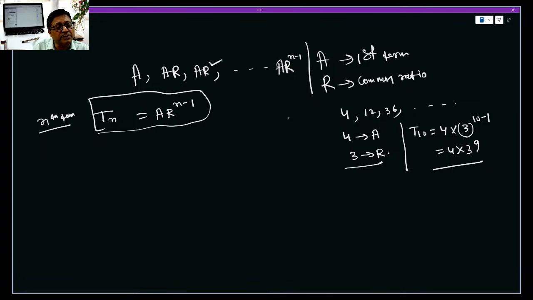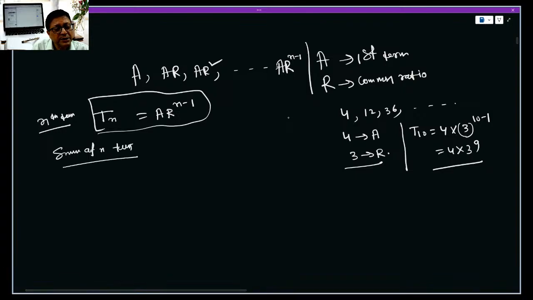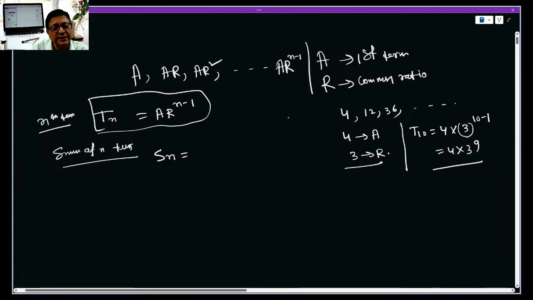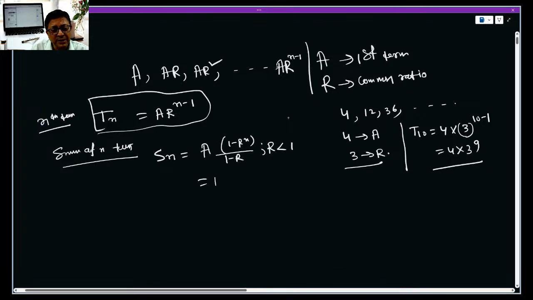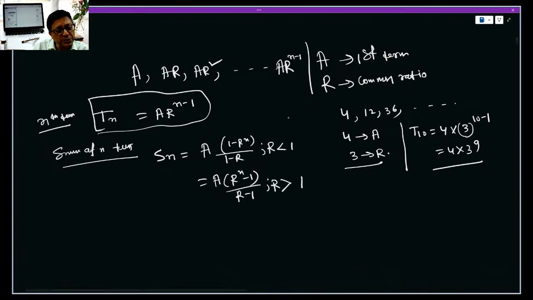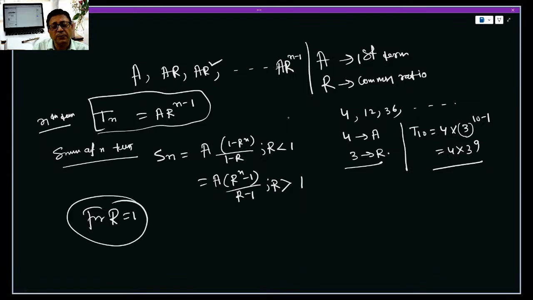The sum up to n terms. Sum of n terms is given by Sn. This is A into 1 minus R to the power n by 1 minus R when R is less than 1, and A into R to the power n minus 1 by R minus 1 when R is greater than 1. I also told you for R equal to 1 this formula is not valid.